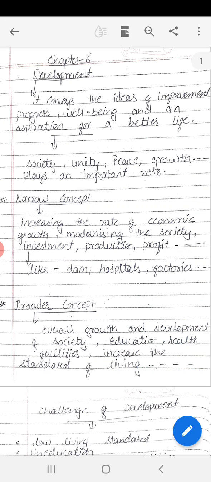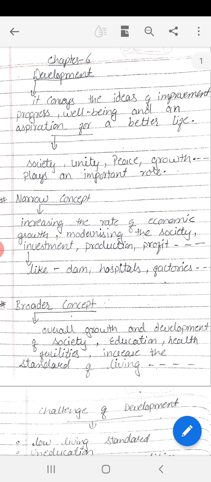Generally we can say that development conveys the idea of improvement, progress, well-being, and an effort for a better life. Through its notion of development, a society articulates what constitutes its vision for the society as a whole, and how best to achieve it.